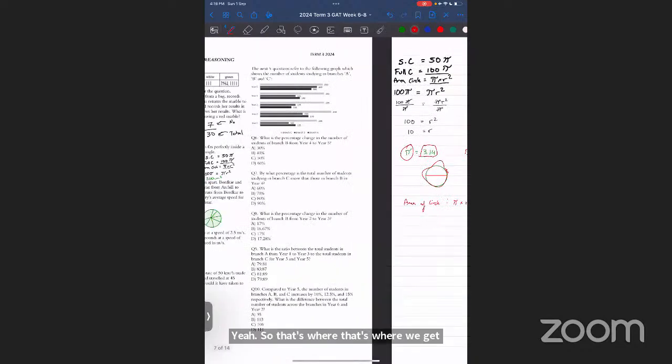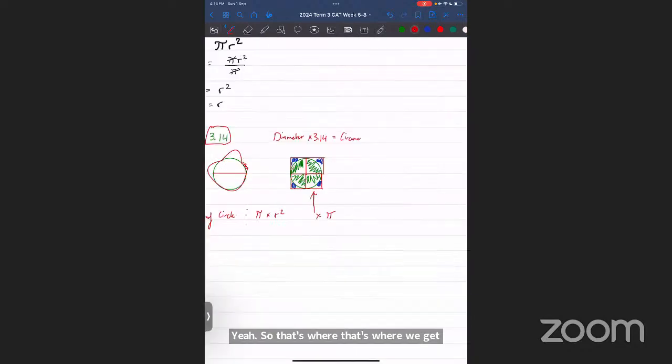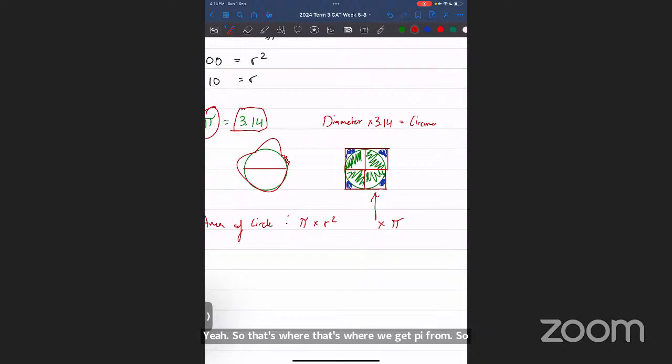So pi is basically a number that describes the relationship between how wide a circle is and other properties of the circle. So for example, let's just say we have James on the call today. James and Chris are brothers, right?